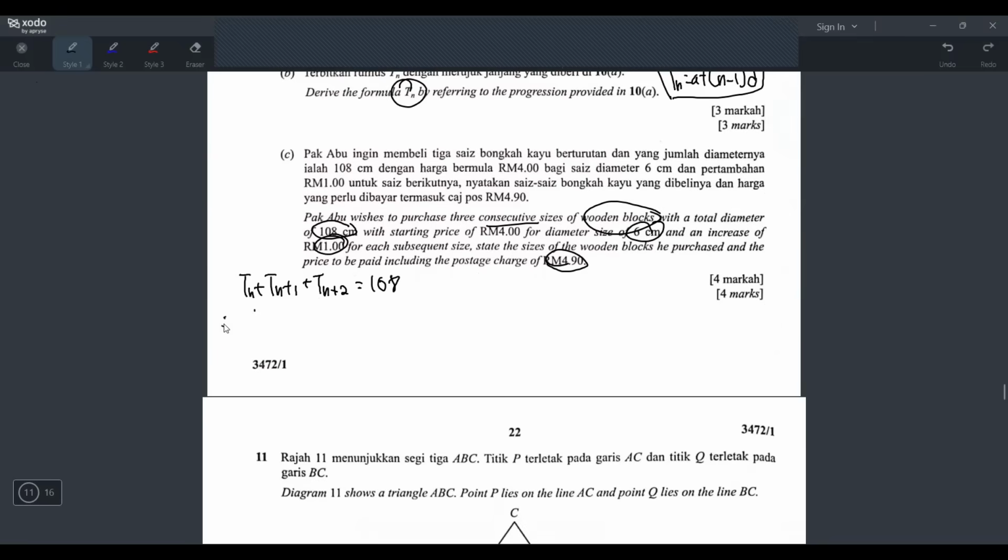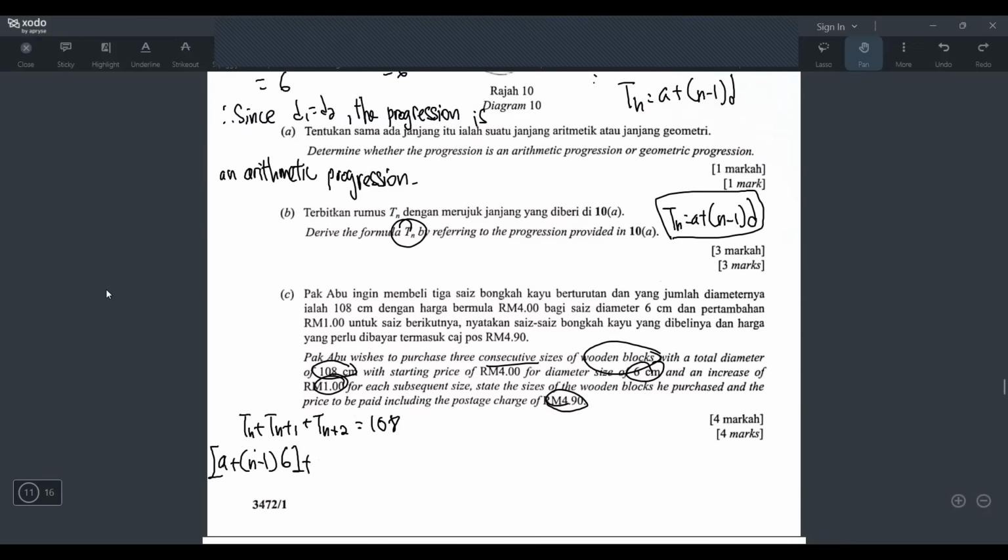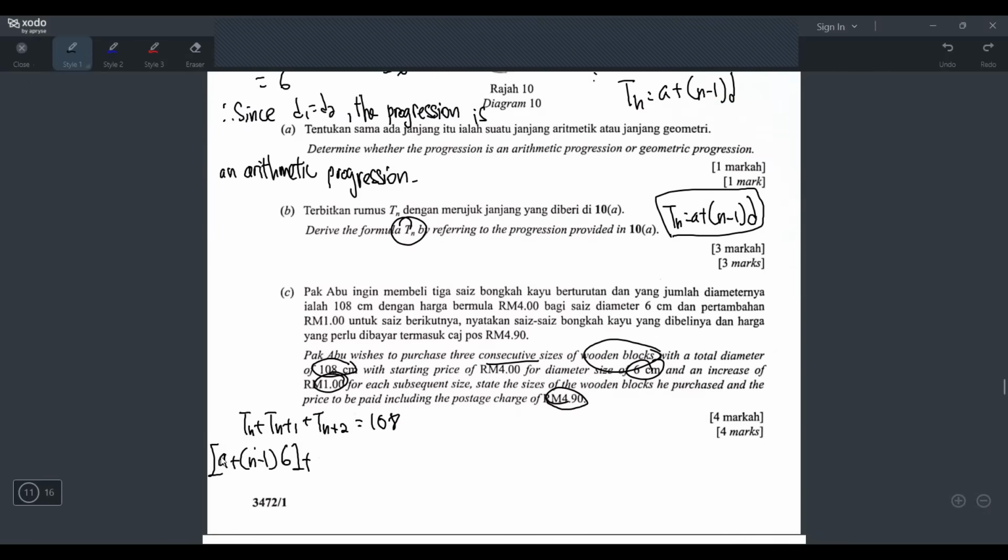It's a plus (n minus 1) times d. Sorry, careless mistake. So it's a plus (n minus 1)d, and the d is not 5. Why do I keep making careless mistakes? The a is 6, the d is 6.